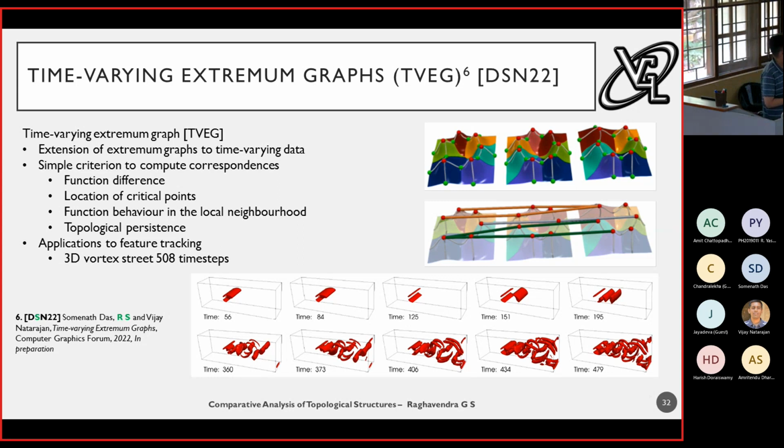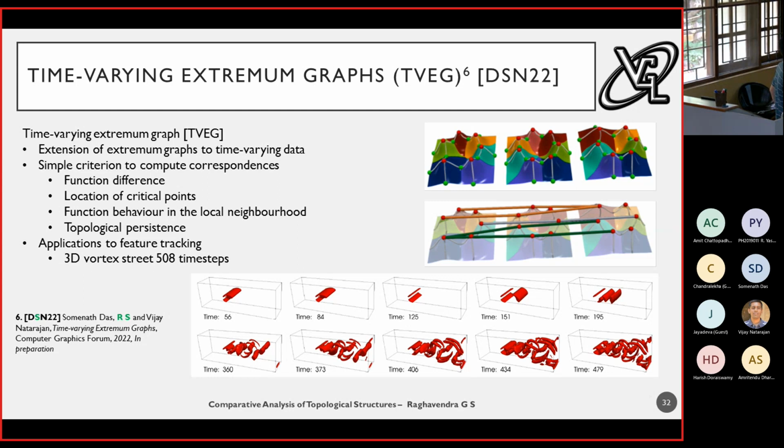So here, what we do is we extend the extremum graph for the time varying case, and we have a simple criterion to compute these correspondences. The criterion depends on four factors. One is the function difference, that is, the difference of the function value between the critical points; then the location of the critical points spatially; and then the function behavior in the local neighborhood.